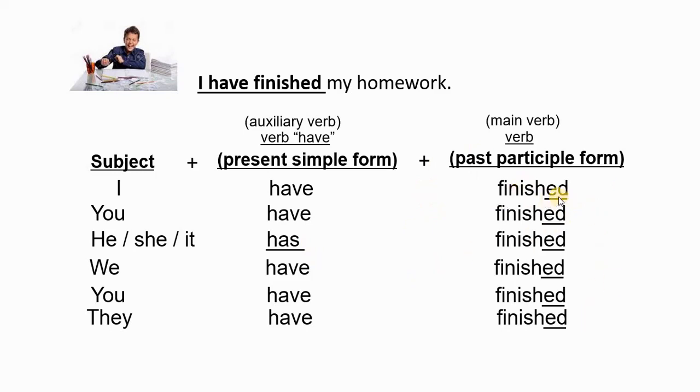So finished is the main verb, and this is the past participle. So for a regular verb like finish, we add ed to the verb to form its past participle. Alright, so that is the affirmative.